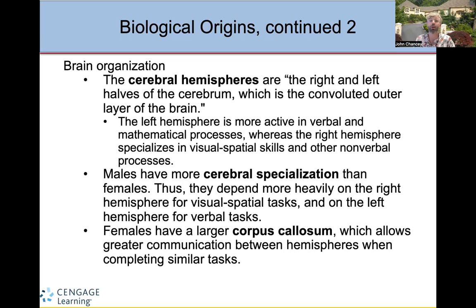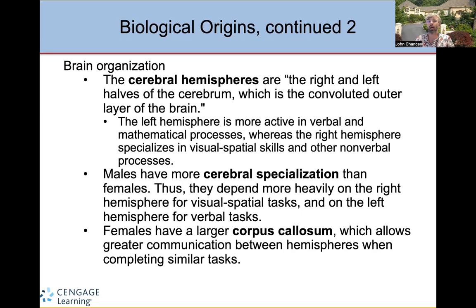So in terms of the brain organization, we do know hopefully from previous chapters in this course in intro psych that we have two hemispheres. You have your left and your right hemisphere of the brain. Your left hemisphere is typically more associated with verbal and mathematical processes, where the right hemisphere is specialized in visual spatial skills, nonverbal processes. We tend to see more cerebral specialization, left versus right, in males.